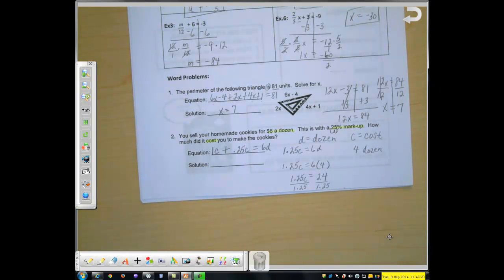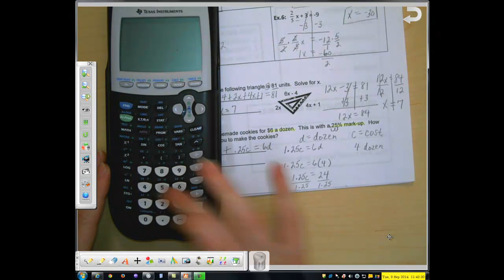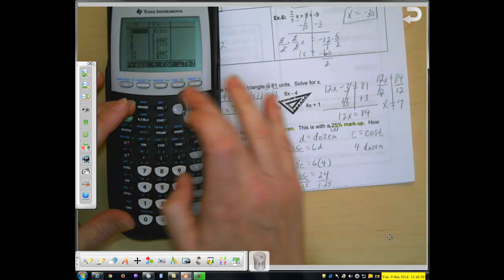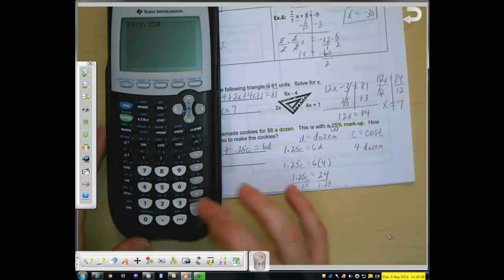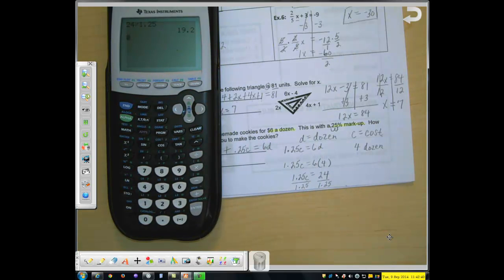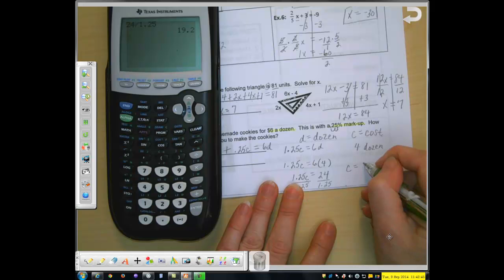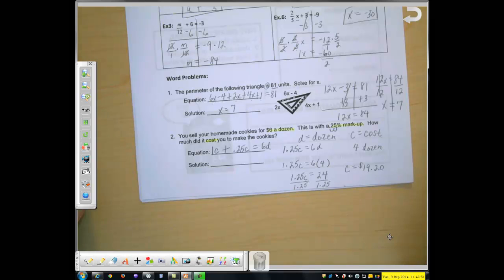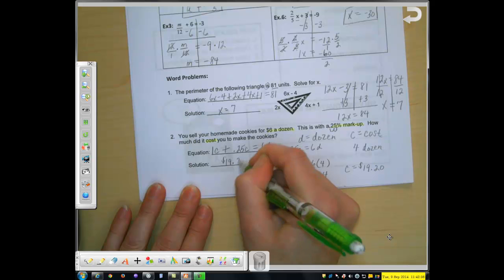And 24 divided by 1.25 is going to give us 19.2. Now remember, this is dollars and cents, so that means that the cost of making the cookies is $19.20. So we'll put that over in our solution. So the cost of making the cookies is $19.20.